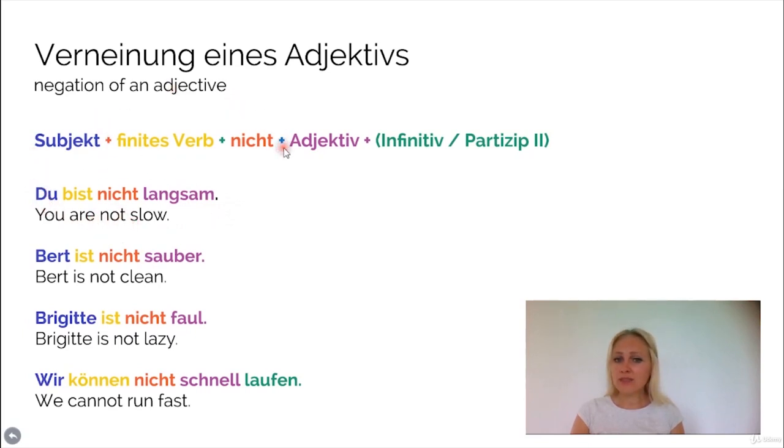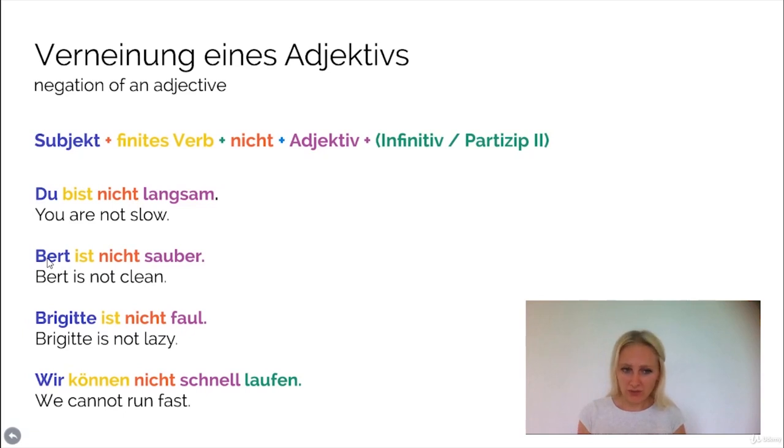Okay, but if you wanted to form a sentence in the perfect tense or using a modal verb, then again the infinitive or the Partizip 2 verb would be at the very end. Otherwise, this is the sentence structure of a normal sentence. Bert ist nicht sauber, Bert is not clean. So we're not negating Bert, we don't say this is not Bert, it wouldn't work.